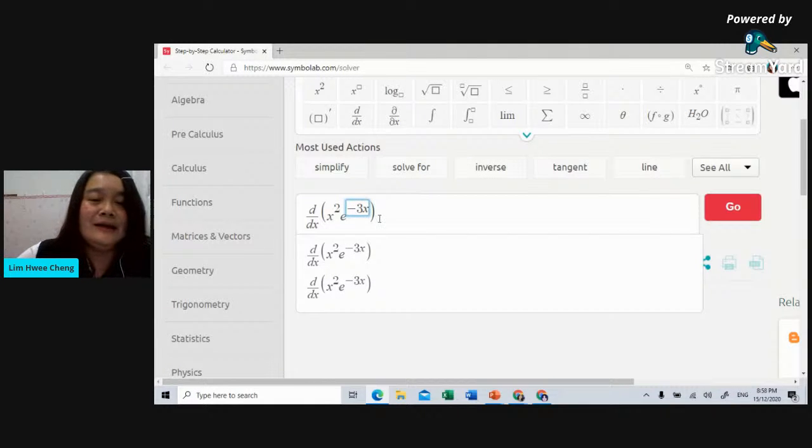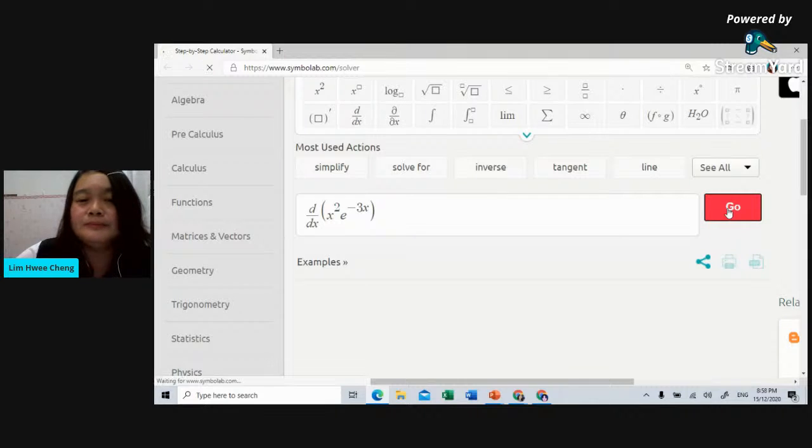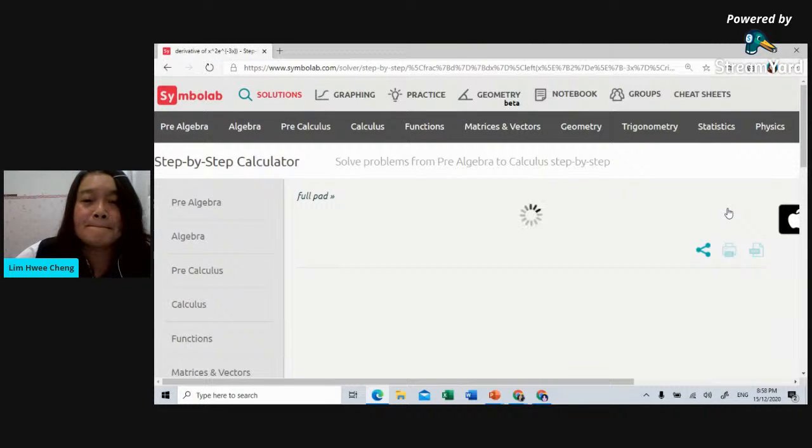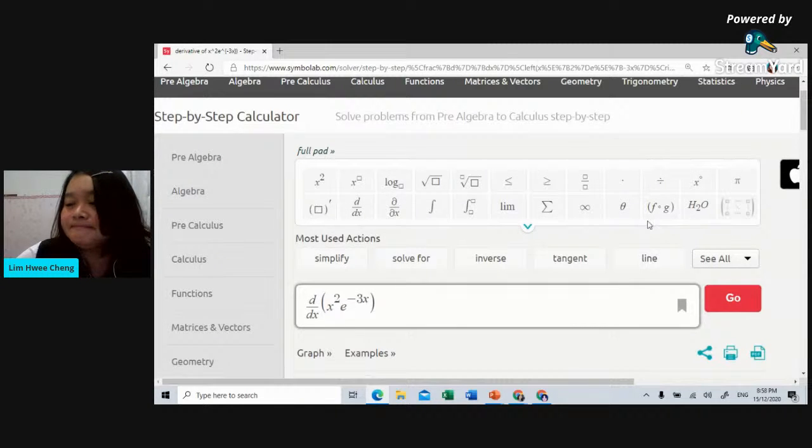Okay, x squared e to the power of minus 3x. Once you have confirmed your function is correct, then you just press the button go here.